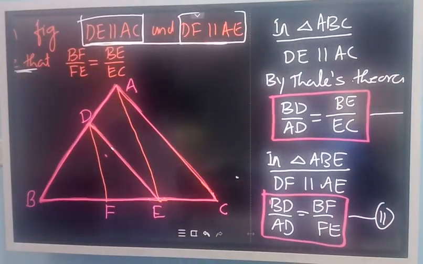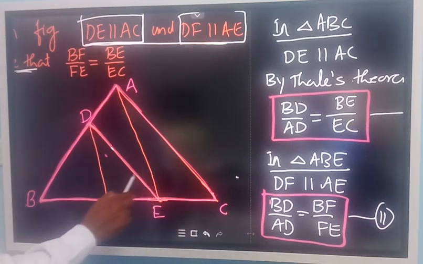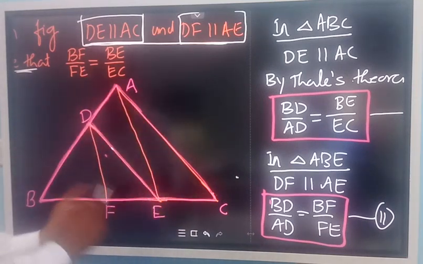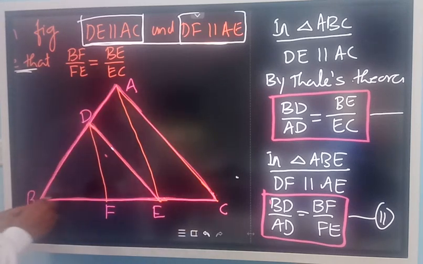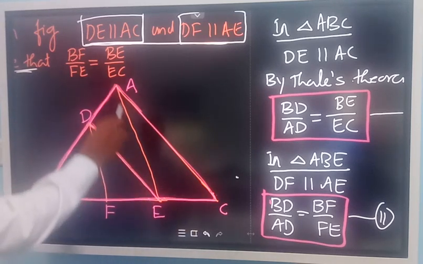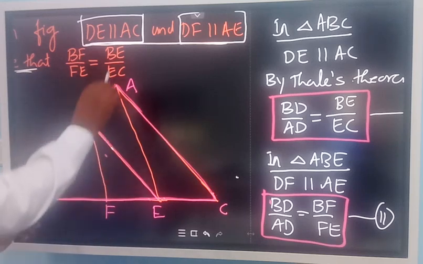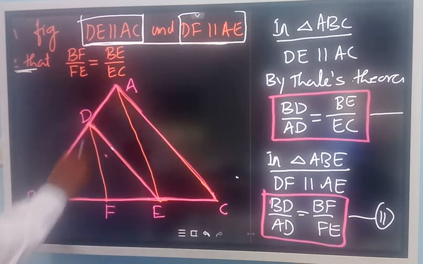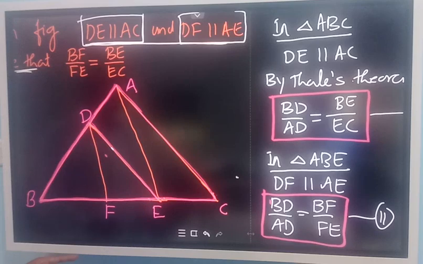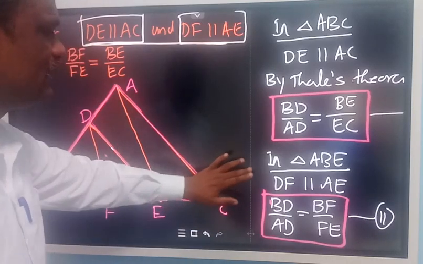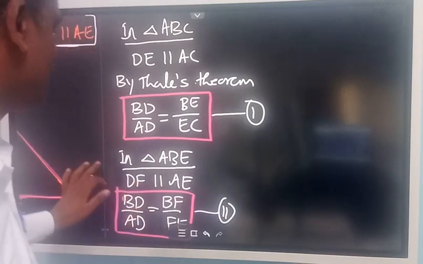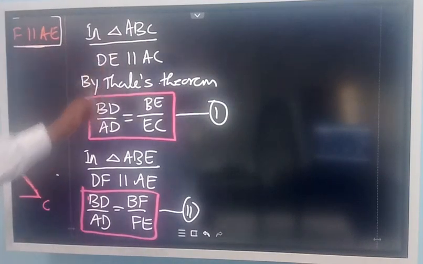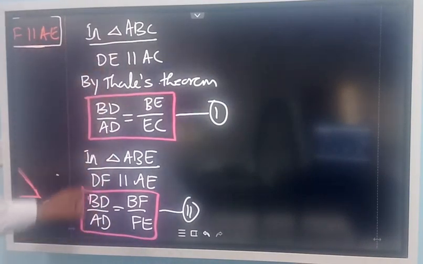Look at this, we selected two triangles. One is ABC, in which DE is parallel to AC, therefore BD by AD is equal to BE by EC. The second is triangle ABE, in which DF is parallel to AE, therefore BD by AD is equal to BF by FE. Now compare these two equations. The left hand sides are equal, BD by AD.